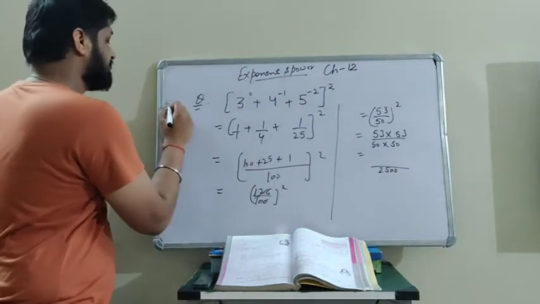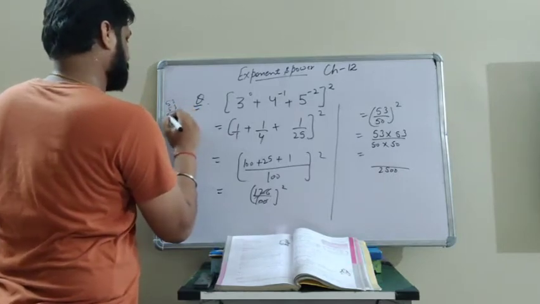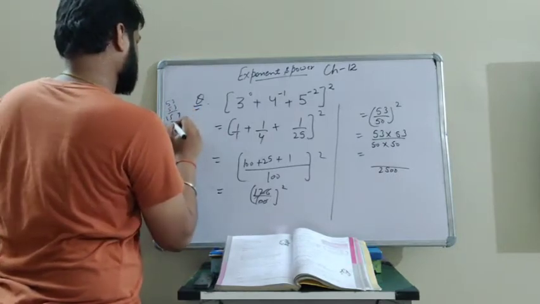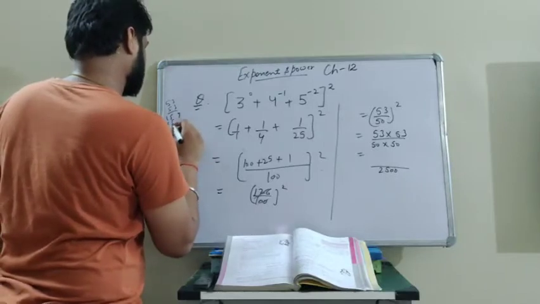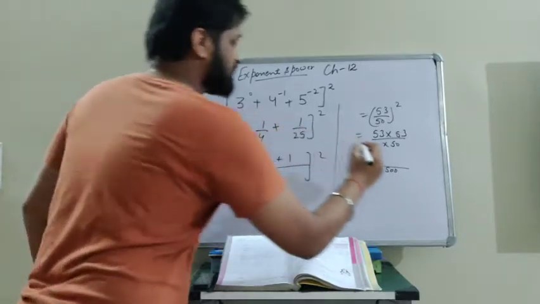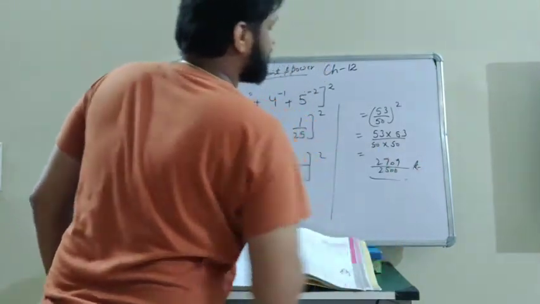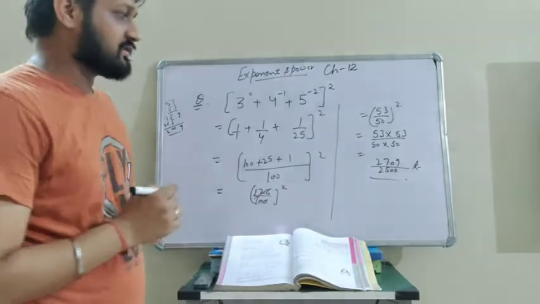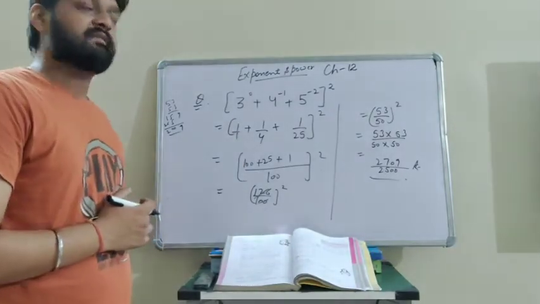The square of 53 is 2809. The square of 50 is 50 multiplied by 50, that is 2500.